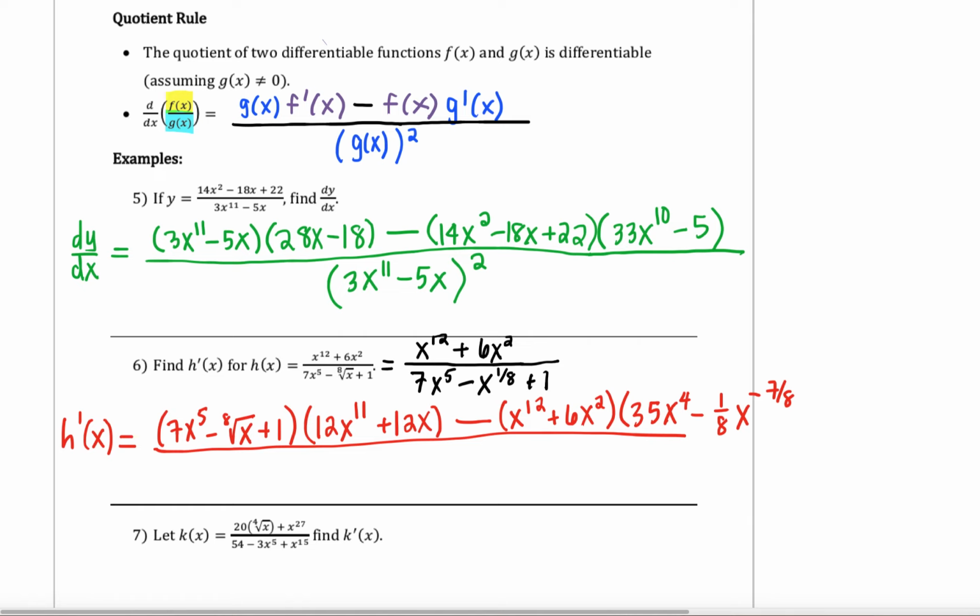And then the derivative of 1 would drop to 0, so that is the end of my derivative of the denominator, all over the entire denominator. I've got to make sure that that whole function there is in parentheses, squared. Now we could rewrite the x to the -7/8 as 1/8 times x to the 7/8, but for the sake of space, I'm just going to leave that.